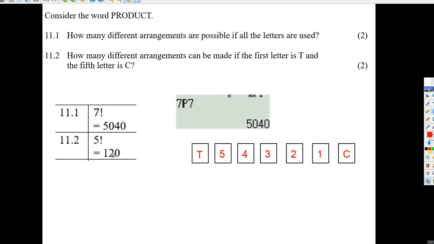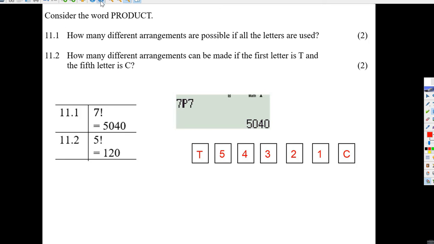And you'll see on your calculator, I think it's the nPr. How many letters can you put in that many places? Yeah, that's the button. Anyways, 5 factorial is 120.